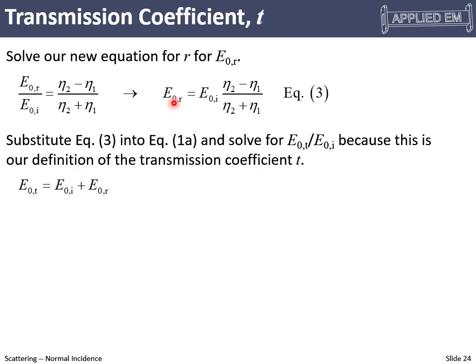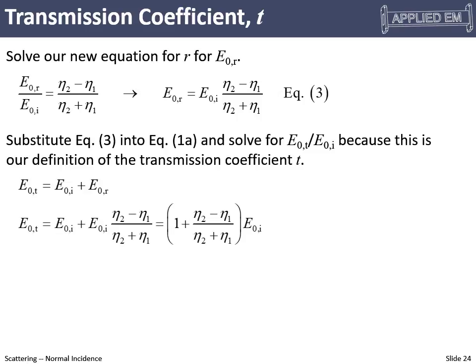Well, we now have an expression for that, so we can take this term and plug it in here to eliminate the amplitude of the reflected wave. When we do that, we end up here. Now both of these terms contain the amplitude of the incident wave, so we can factor that out and we're left with this expression inside of parentheses.